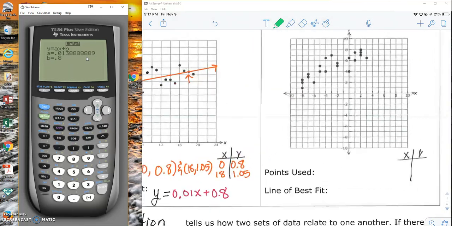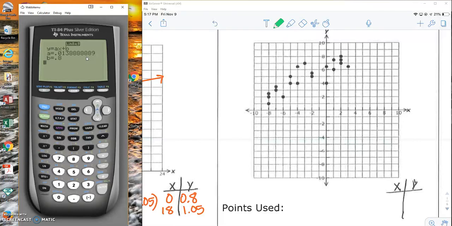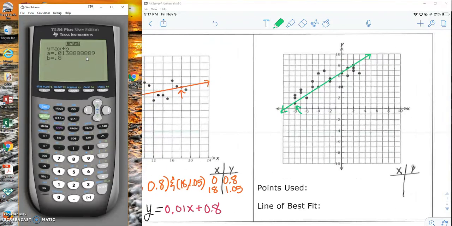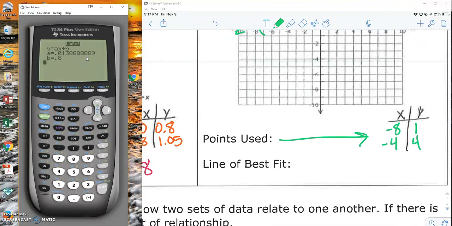Okay. So on this next trend line, I'm going to use some points again. I'm trying to go through as many of these points as I can. So let's say we hit this point, (-8, 1), and I hit that one next, (-4, 4). For my points used, you can just draw an arrow because why else would we rewrite that?